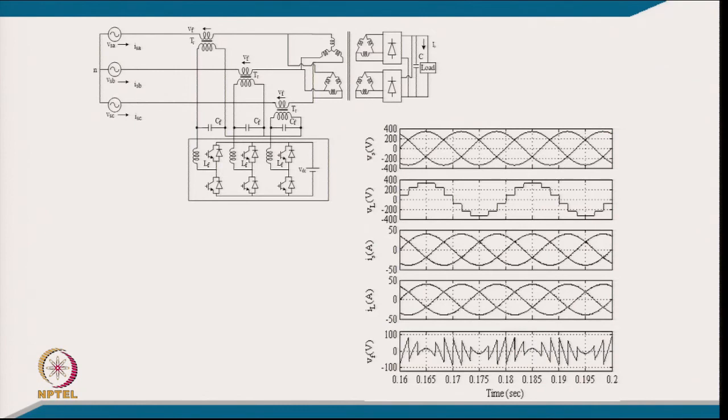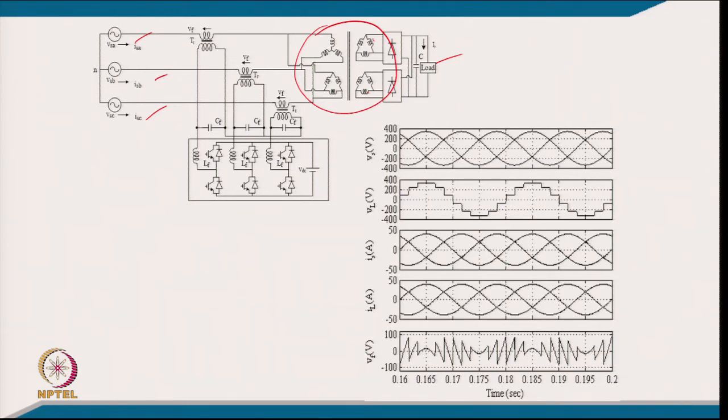So, this is the typical circuit. Here we have a load which is a 12 pulse converter, star-delta and delta-delta, and both converters are connected in parallel with the capacitive load, and that is the voltage and load given. Now, if we inject a voltage with the series active power filter, by appropriate injection of the voltage we can maintain the supply line current balanced sinusoidal at unity power factor, in phase with the voltage.